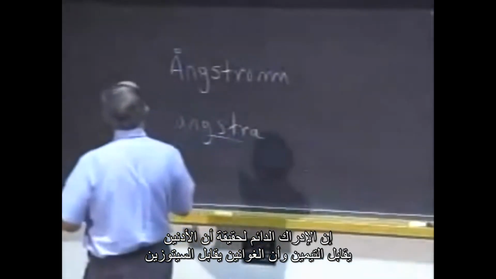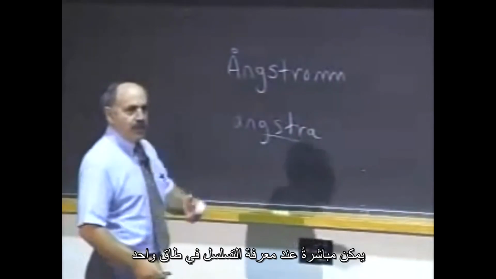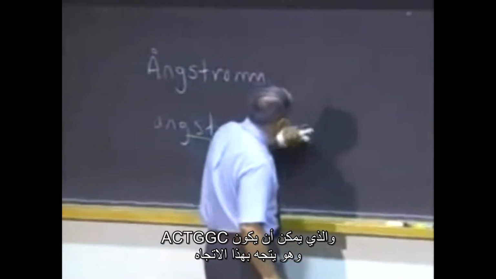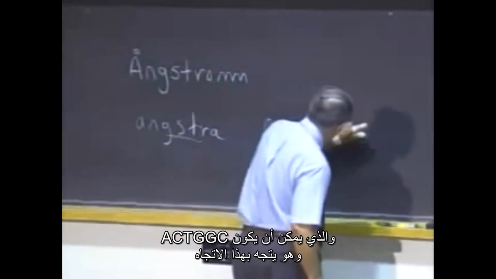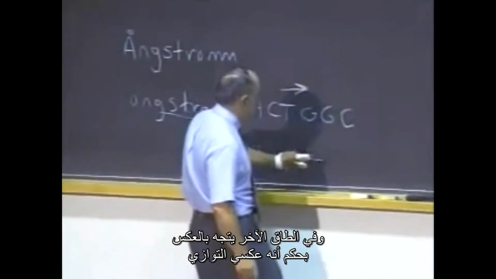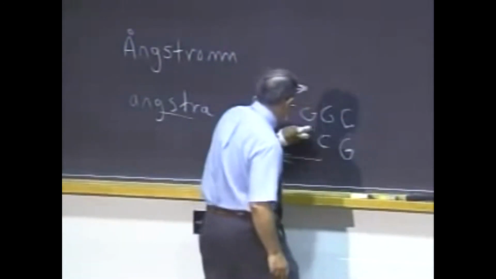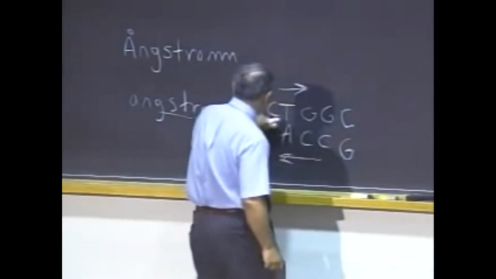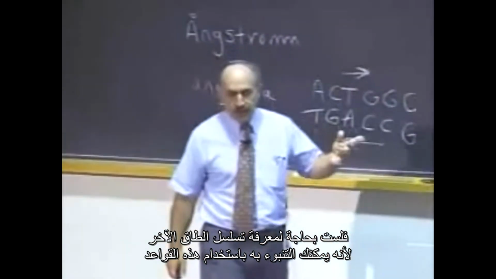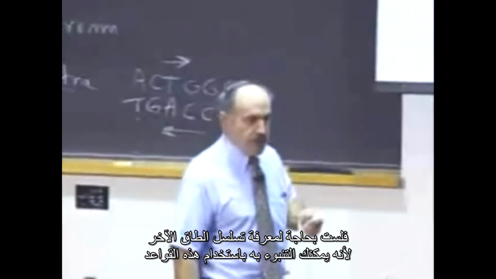If we always realize that A is opposite T and G is opposite C, we can know directly that a sequence in one strand, which may be A, C, T, G, G, C, in the other strand, moving in the other anti-parallel direction, the sequence is like this. I don't need to know the sequence of the other strand.